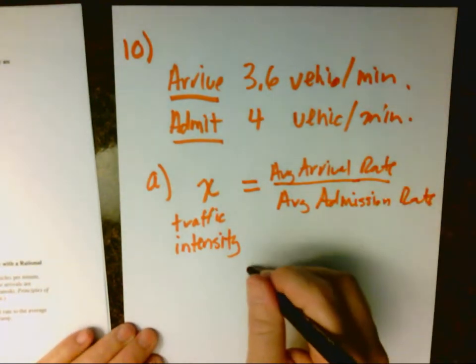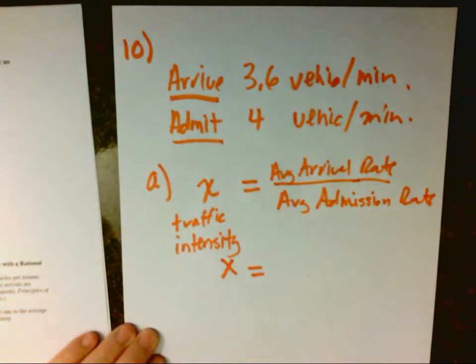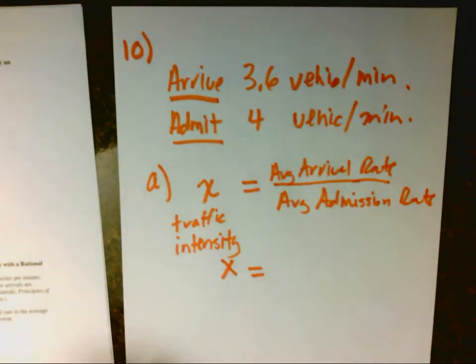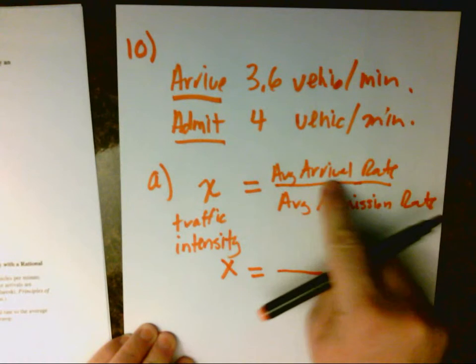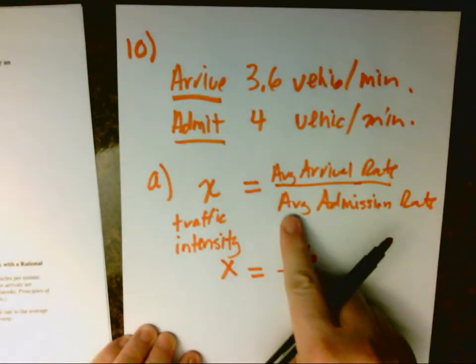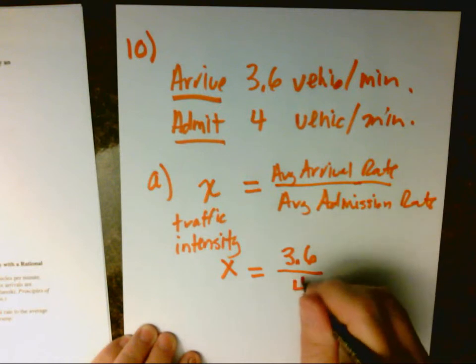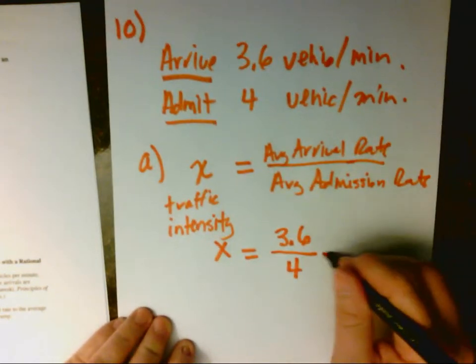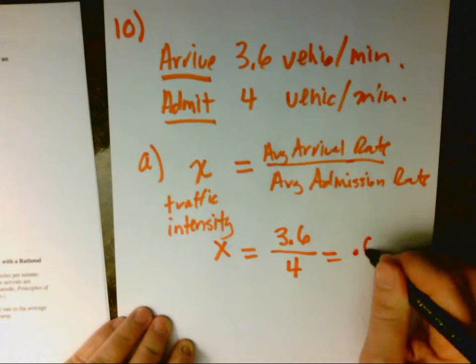Okay, so we only have to make a fraction. So in this particular problem, it says determine the traffic intensity x for this parking ramp. So all we have to do is take the average arrival rate, which was given, 3.6 vehicles per minute, and divide by the average admission rate, 4.0 vehicles per minute, and we could reduce this, write it as 0.9.